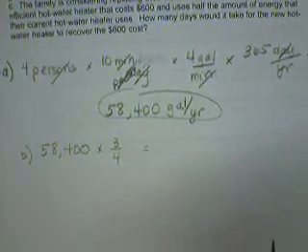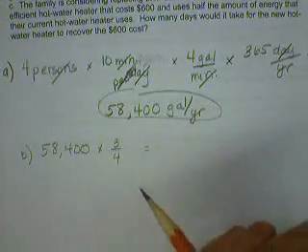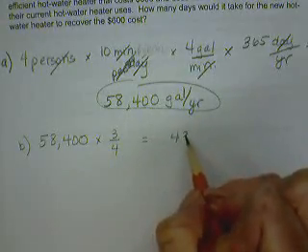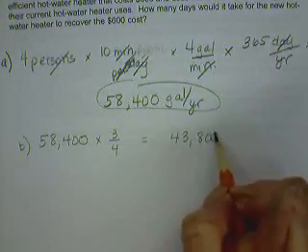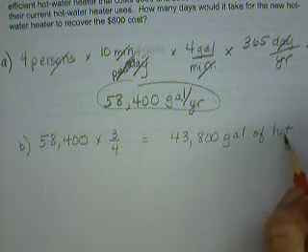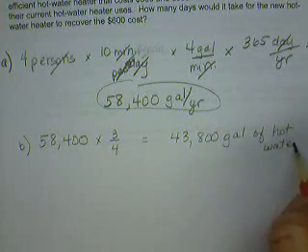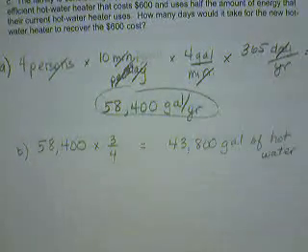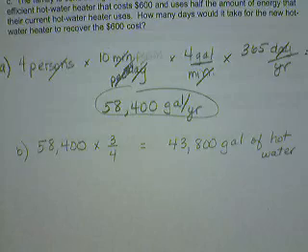Probably the easiest thing to do on an AP test is to multiply it by 0.75. But when I do that math, I'm going to end up with 43,800 gallons of hot water is used in the shower. And then one of the 4 gallons is cold to make a mixture so it's warm and not boiling hot water.